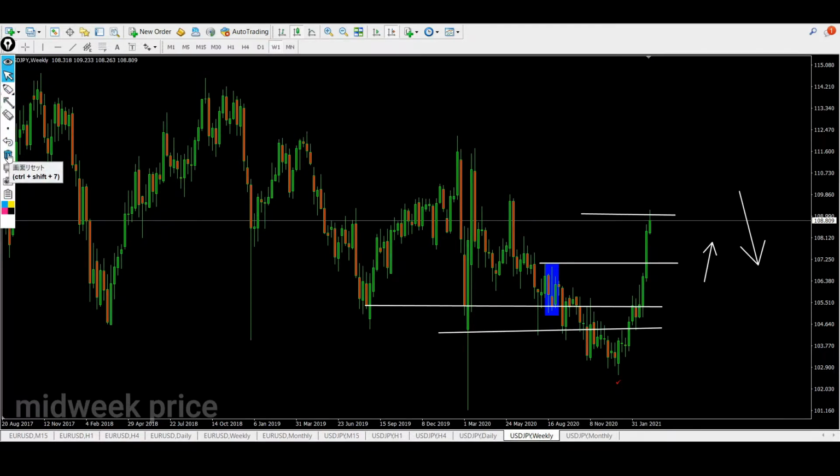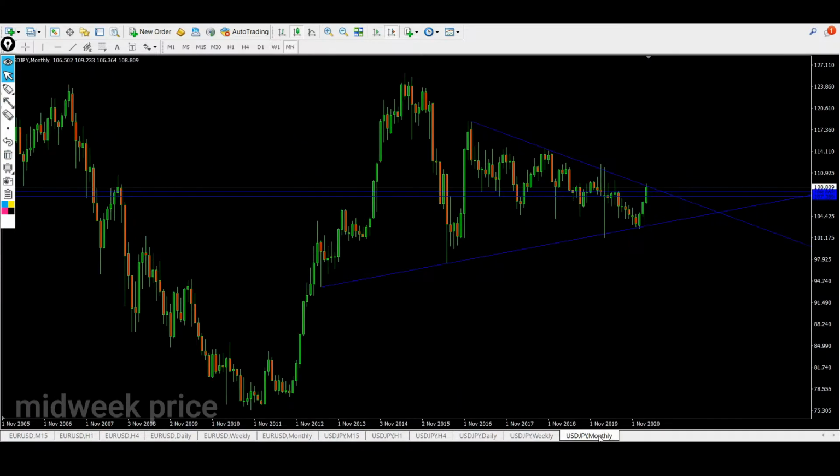Now some levels to look for. We'll go back to the monthly chart. It's this trend line right here, from this pivot to this pivot. Price is testing that trend line at this moment. I want to see price respect this with compact price action.